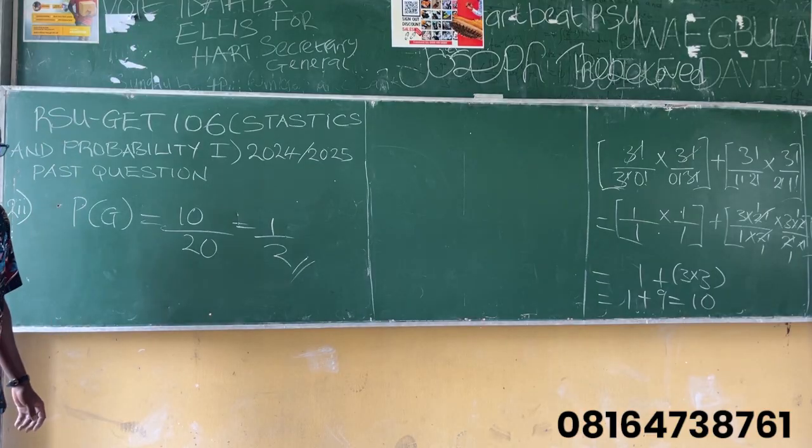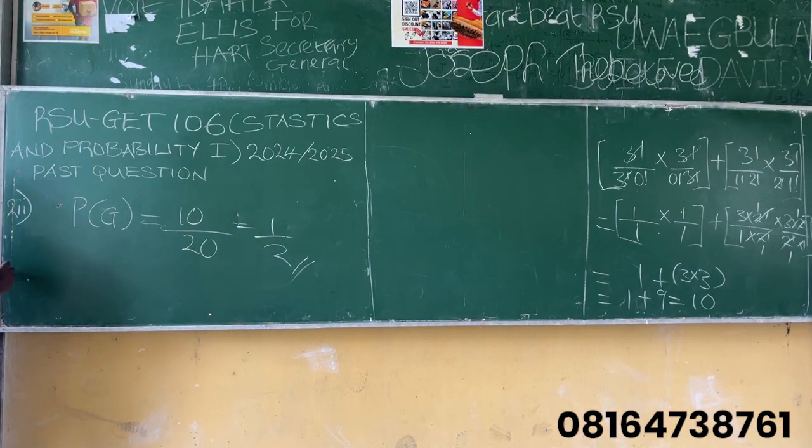Now our third question rather, which is 2ii, tells us to find the probability that a particular girl will be chosen. So once again, we look at the sample points that we are picking from to form the 3-member committee.